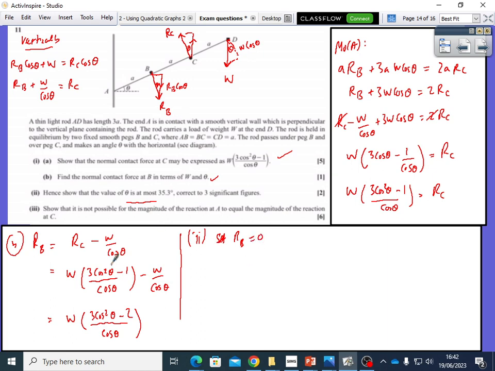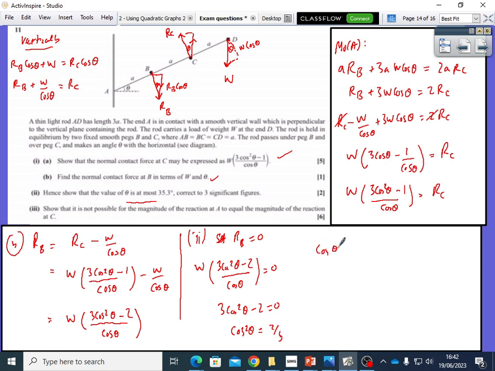Okay. Now, if that's 0, then we've got W bracket 3 cos squared theta minus 2 over cos theta equals 0. So that goes to 0, and we've got 3 cos squared theta minus 2 equals 0. So then we get cos squared theta equals 2 over 3.